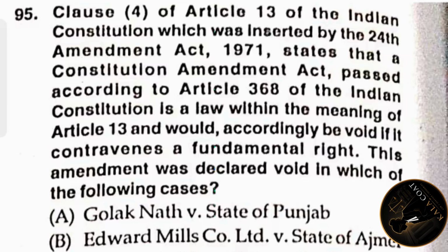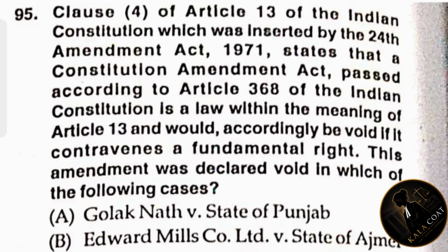Question number 95. Clause 4 of Article 13 of the Indian Constitution, which was inserted by the 24th Amendment Act of 1971, states that a Constitution Amendment Act passed according to Article 368 of the Indian Constitution is a law within the meaning of Article 13 and would accordingly be void if it contravenes a fundamental right.